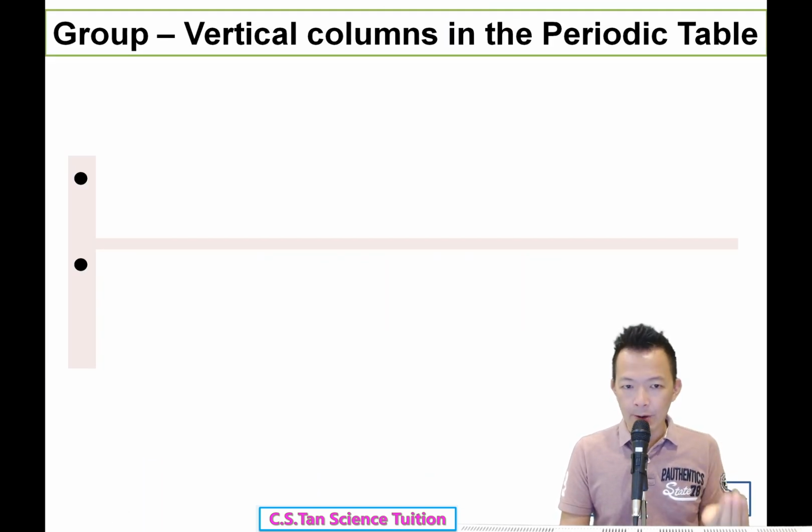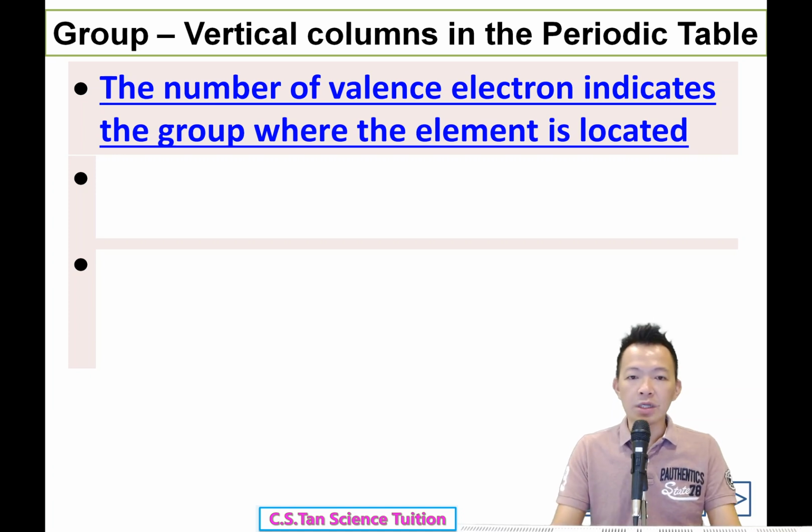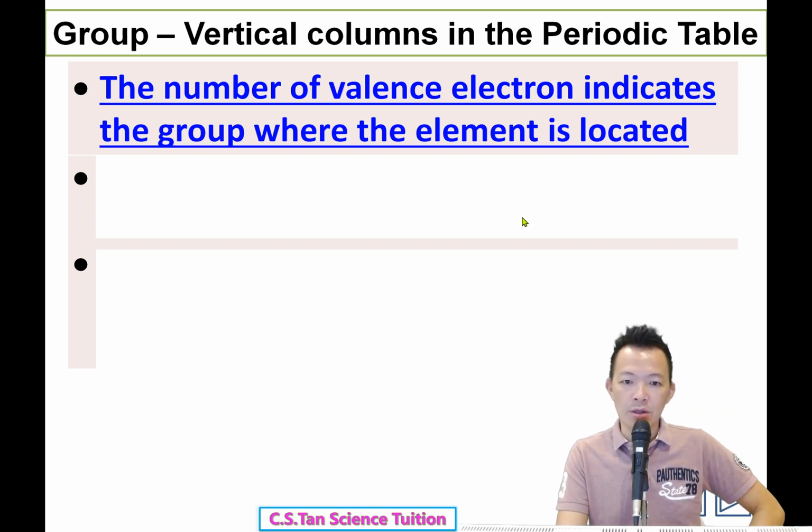So how do we determine which group an element is put into? The number of valence electrons indicates the group where the element is located.